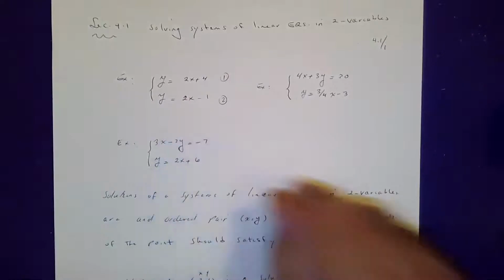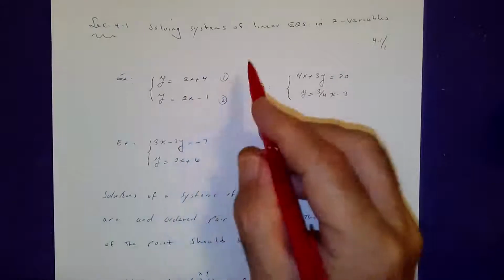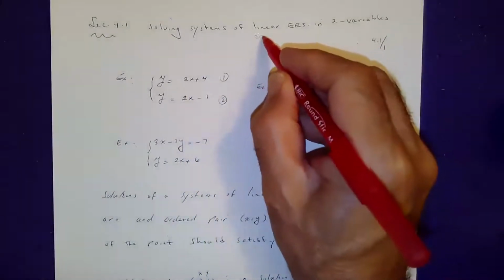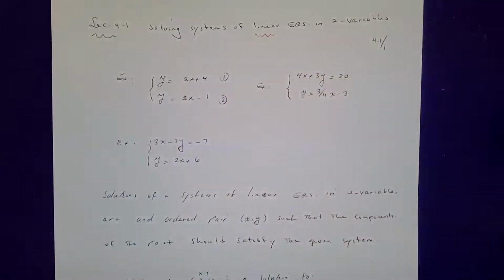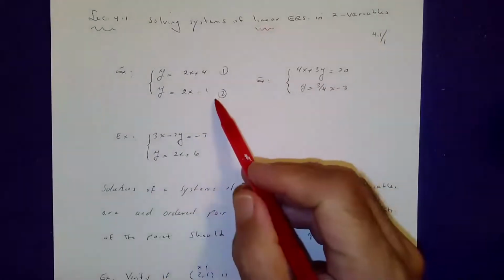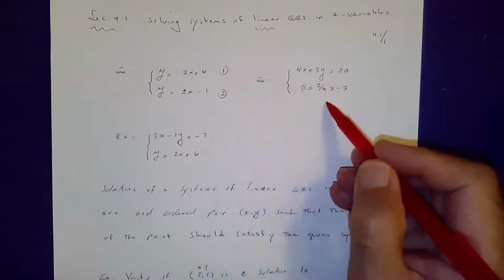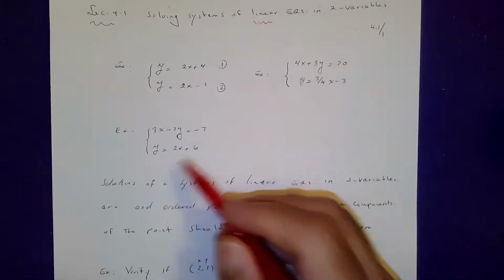In other words, the powers of x and y have to be equal to 1. That means the graph of these is going to come up as a straight line. So this is an example of a system of linear equations in two variables. So is this one, and so is this one.